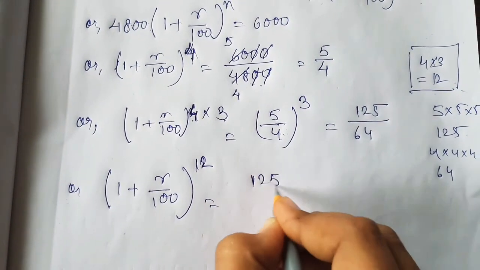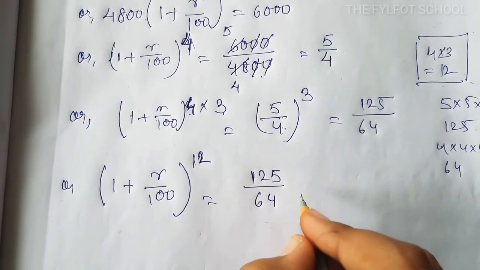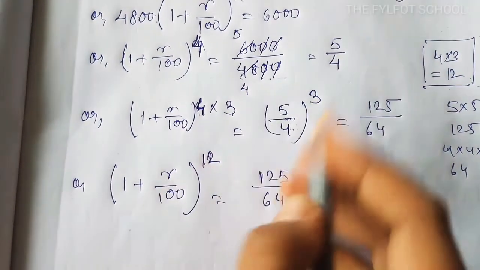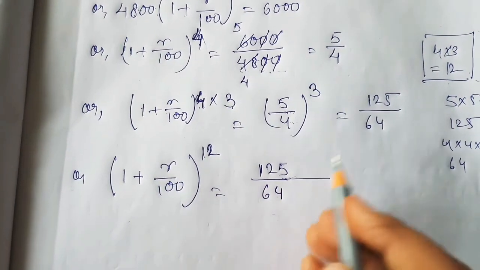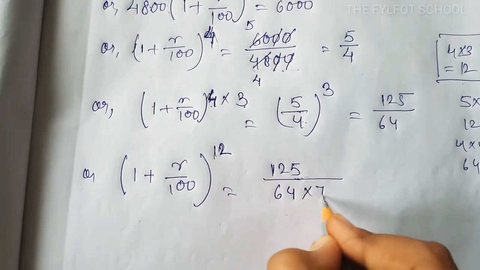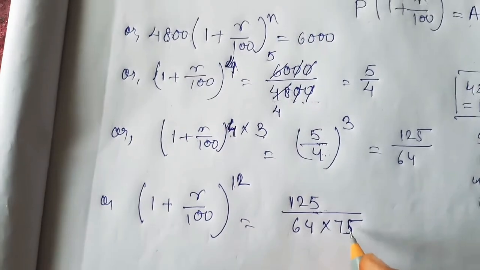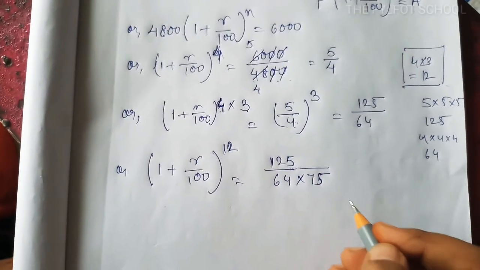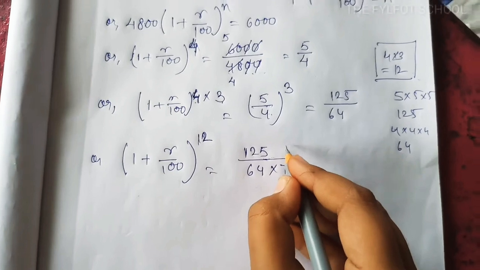So 125 by 64. So this is our, and what will we put here? That comes this number. What will we put here? We will put 75. You can justify this: what you multiply, that number can come. As in the search formula, whatever we take in the down, we take in the up also.